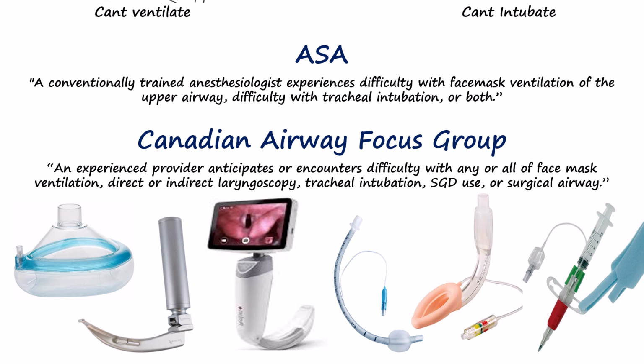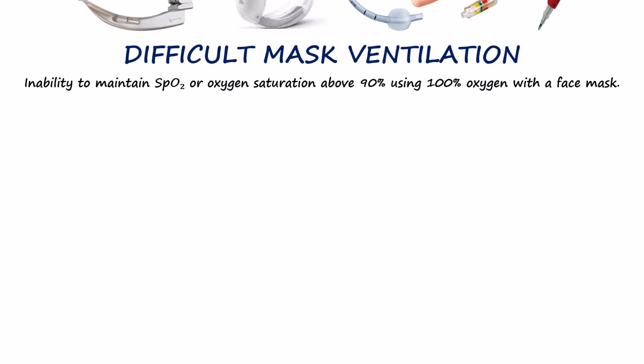Among them, what concerns us the most is difficult mask ventilation and difficult intubation because they are a primary weapon when dealing with a patient's airway. Let's define them too. Difficult mask ventilation is defined as the inability to maintain SpO2, or oxygen saturation, above 90% using 100% oxygen with a face mask.